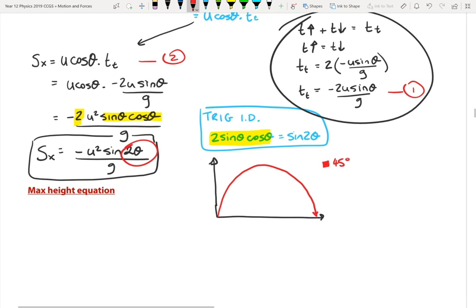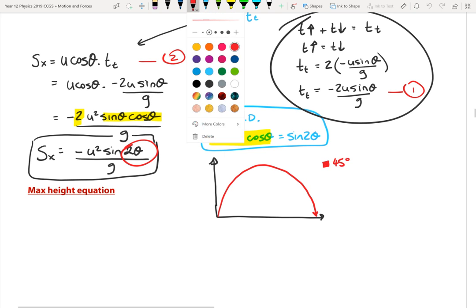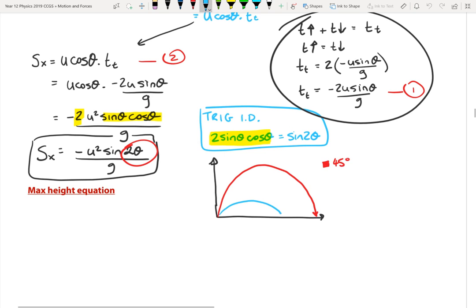Now, we're at the top of the unit circle. I want you to imagine a semicircle, we're at the top. And we could split off both ways, either side of 90. So what I'll show you is if I fired something at 30 degrees, we would get that. Because sine of 2 lots of 30 would give sine 60, so the range would be reduced by sine 60 of the possible maximum.